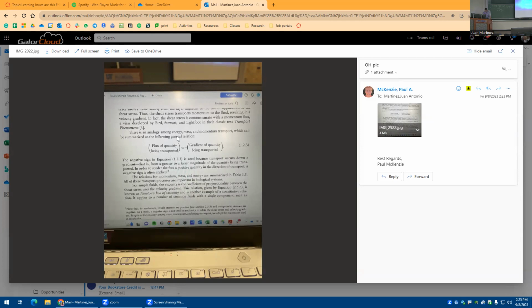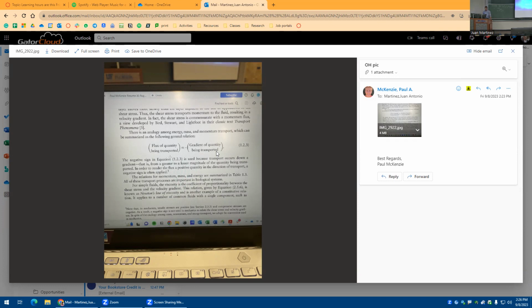This analogy among energy, mass, and momentum transfer can be summarized as the following general relationship: flux of a quantity being transported is equal to some factor alpha times the gradient of the quantity being transported, with a minus sign. So the transport is equal to the flow of what is transported minus the gradient.